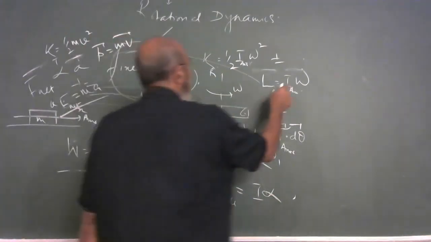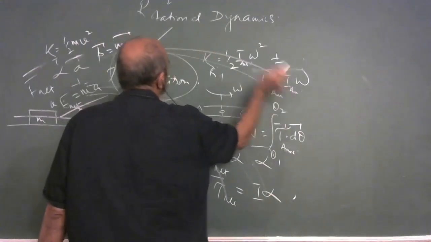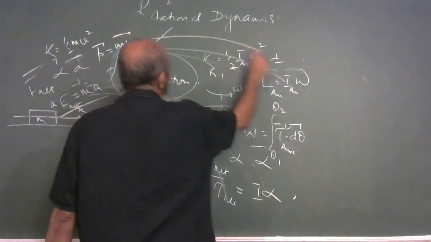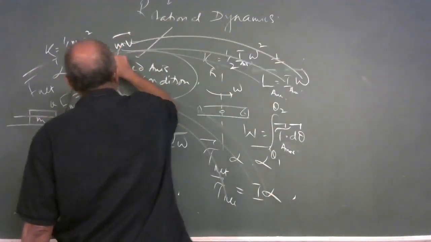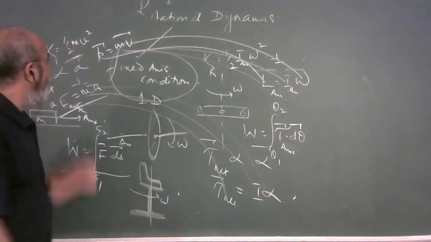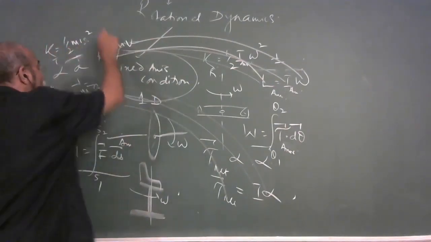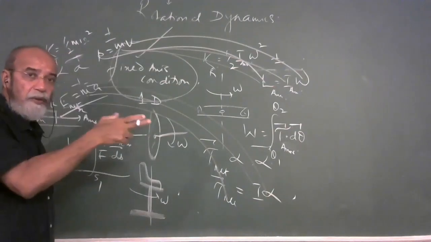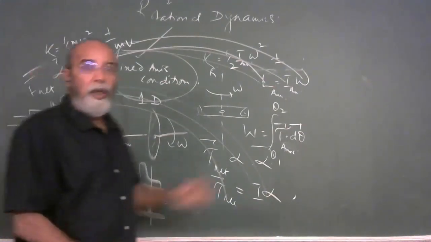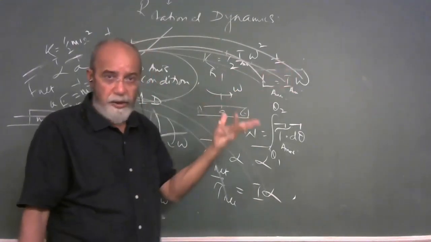But look at the analogy. Mass connected to this. Linear velocity connected to angular velocity. Linear momentum, angular momentum. In 1D, you can avoid this because the plus and the minus were enough to tell you the direction. In a rotation, we normally avoid this. I'll tell you why.